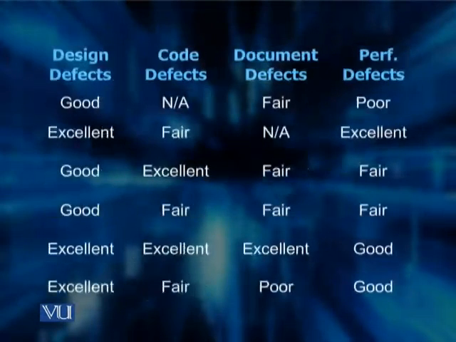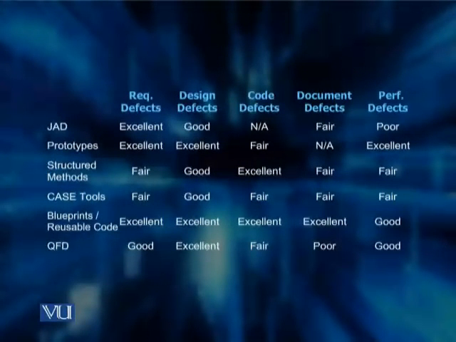We have on one side requirements defects, design defects, code defects, document defects, and performance defects. And on the other side, we have some approaches that are listed, and we'll see which one of them is appropriate for which application, for which kinds of defects. So we have JAD, we have prototypes, structured methods, case tools, blueprints, and reusable code, and quality function deployment.